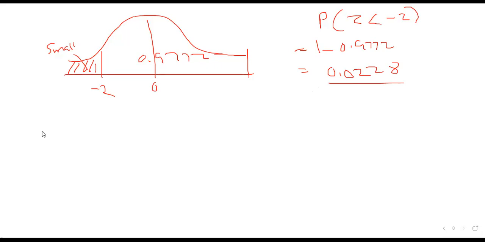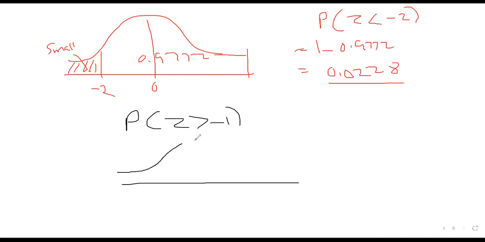So we can also have the probability of Z greater than -1. Illustrating this, our -1 is here. We put a divider. Where are we going to shade? We're going to shade on the right side, because the sign says greater.